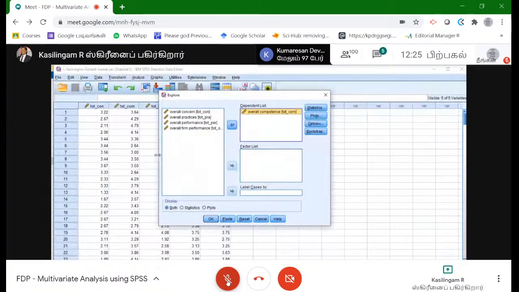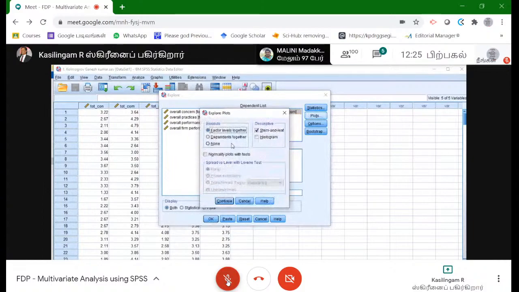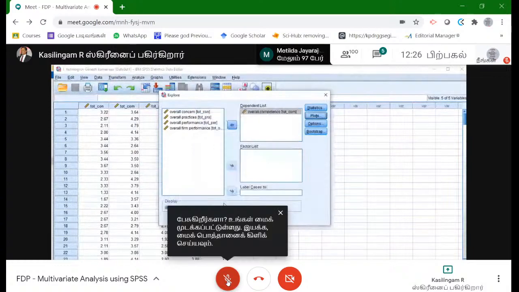Let me select both statistics and plots, also the normality plots with tests and the histogram. Not all of these are necessary, but even so, let us click.